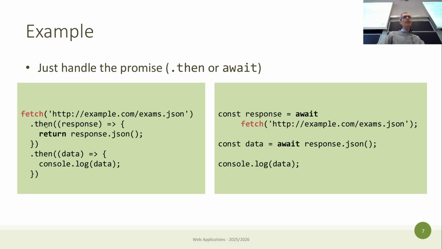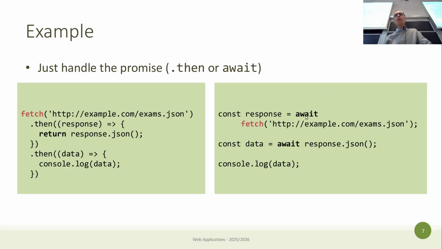And then the then again returns a promise. So you can chain other operations as you like. Of course, this is just console log, but you can use the object that has been reconstructed by the JSON method in your application, extract an array, the list of films, the list of answers, whatever you need. Okay?